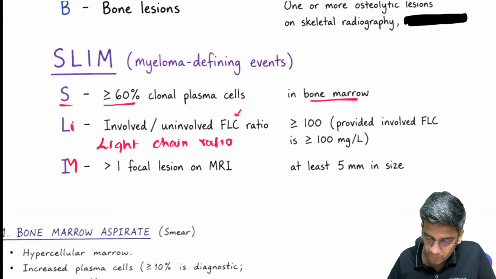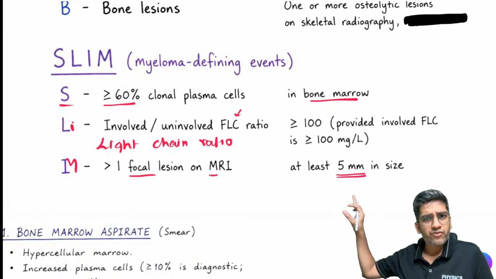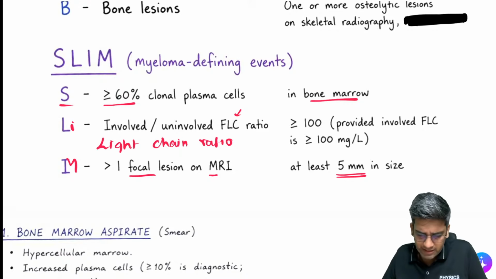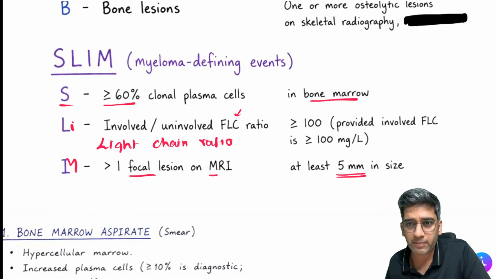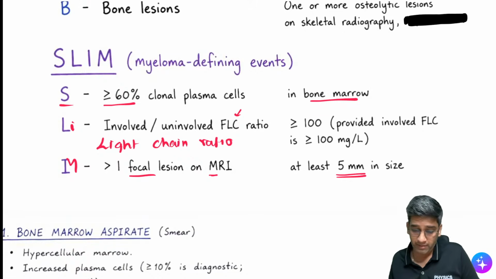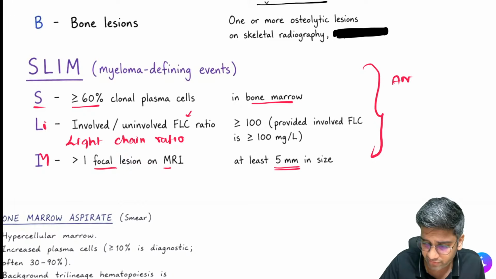And M for more than one MRI focal lesion, right? And at least it should be 5 mm in size. If you can write this, write this. Otherwise, just limit with more than one focal lesion in MRI. That is diagnostic of a multiple myeloma, right? Okay, perfect. So here, any one of them is enough for me to call it a myeloma.